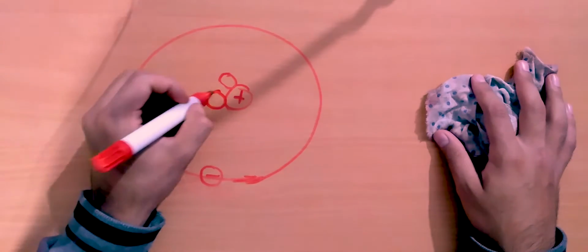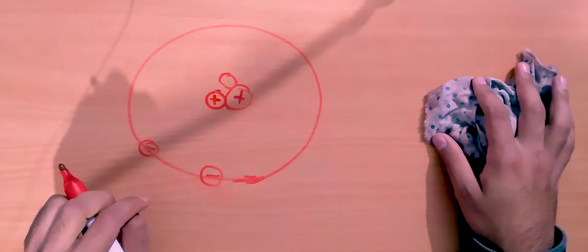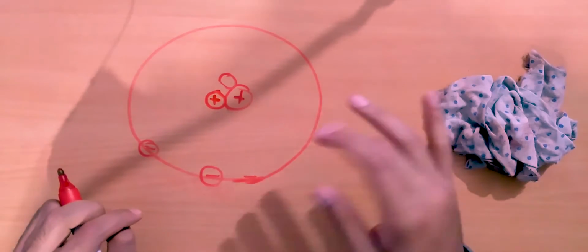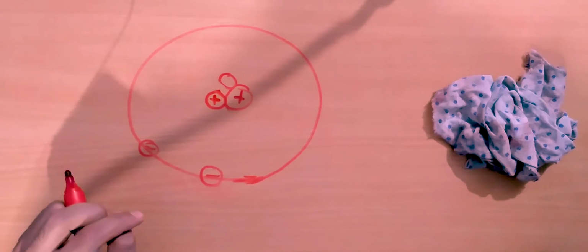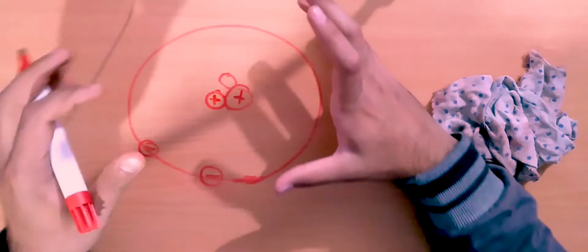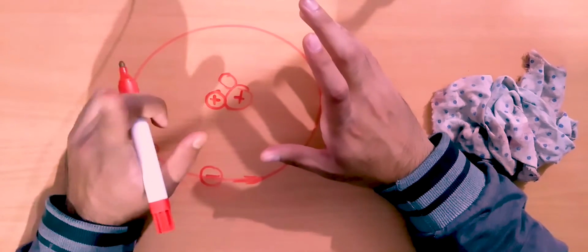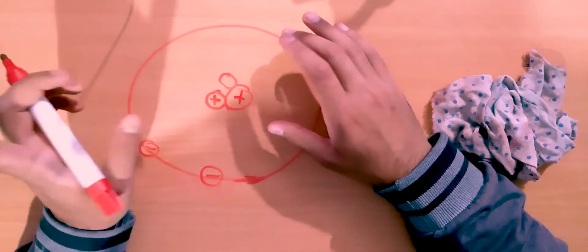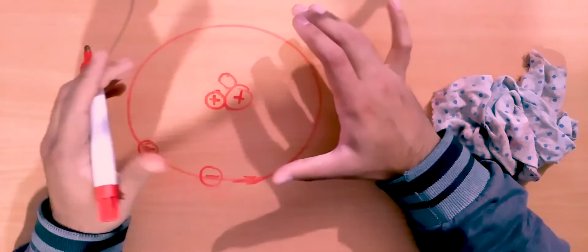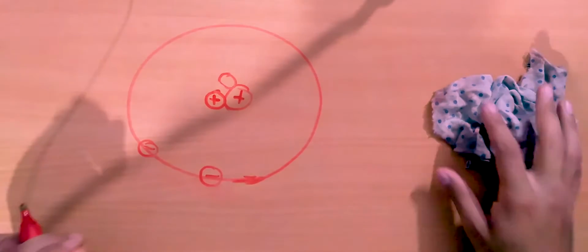But if I don't change the number of protons, I only remove a neutron, that will not affect the chemical properties of that particular atom. It will still behave just like helium. Obviously the mass of the atom will be lighter because I have removed a particle which had a mass of 1 unit, equal to the mass of 1 proton. So the atom as a whole becomes lighter.